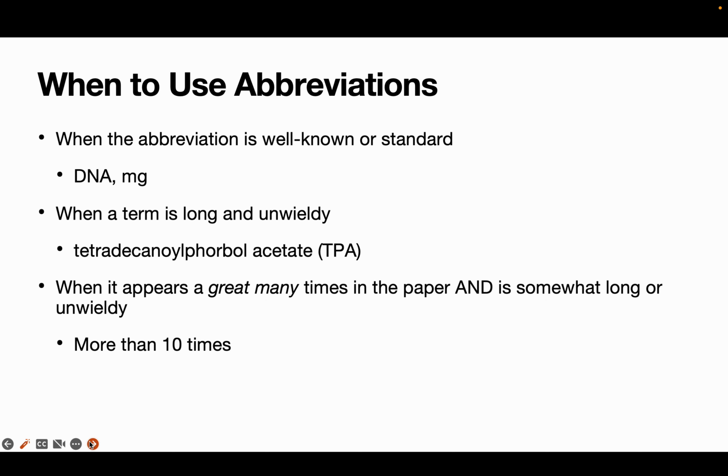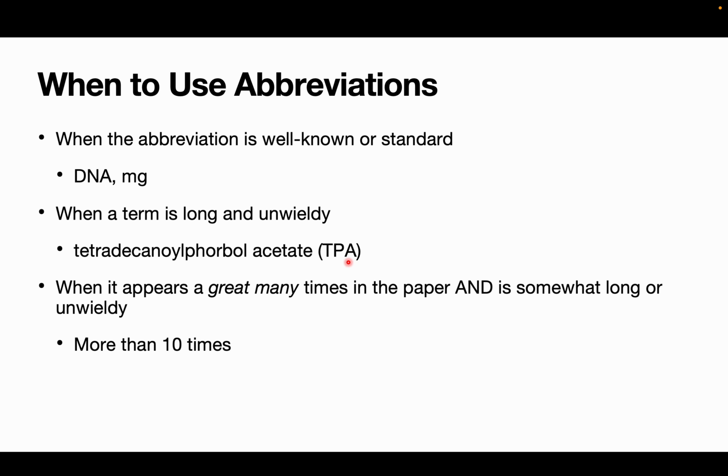So when do we use abbreviations? Well, we use the abbreviation when it's well known or standard, like DNA or milligrams or any of those units that we're all familiar with. We can also use an abbreviation when a term is long and unwieldy. Instead of saying tetradecanoyl phorbol acetate, we can just say TPA.